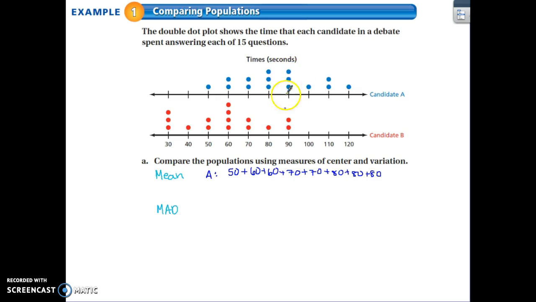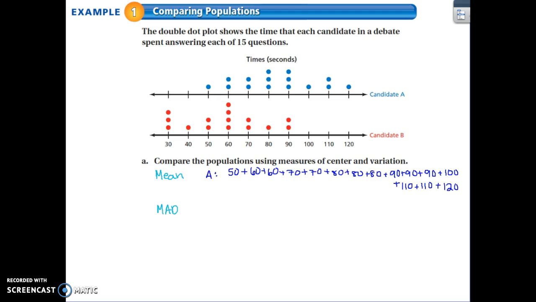I move on to the next three, which are at 90, so I add 90 three times. My next dot is 100. My next two are 110. And my last dot is 120.